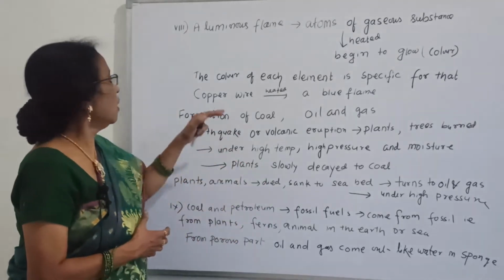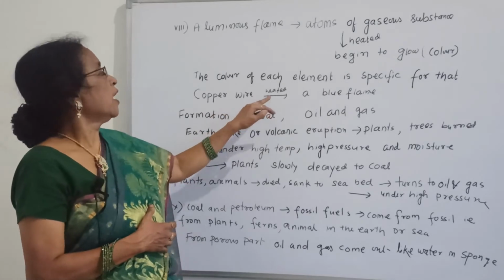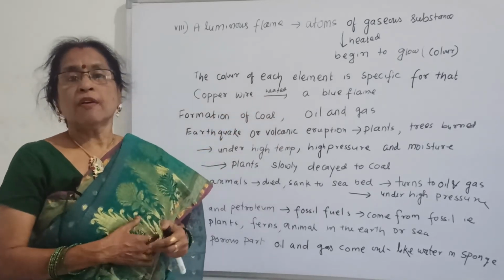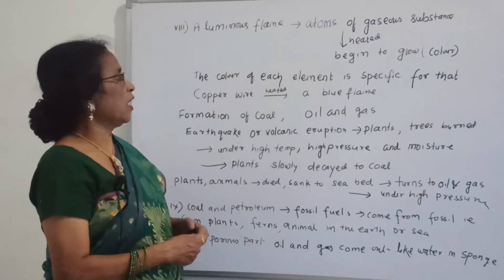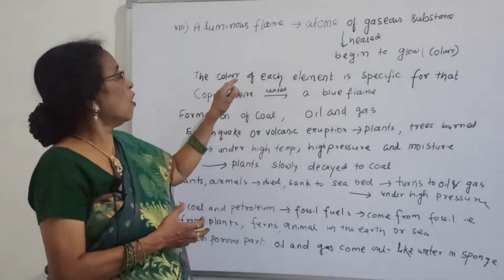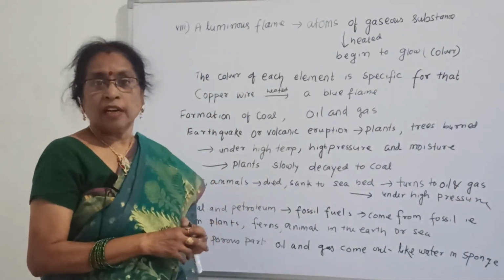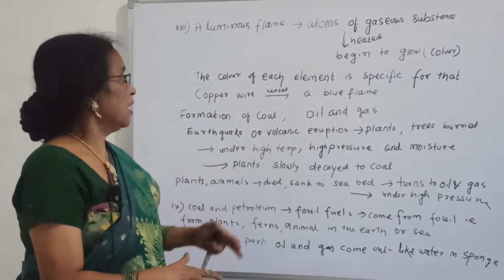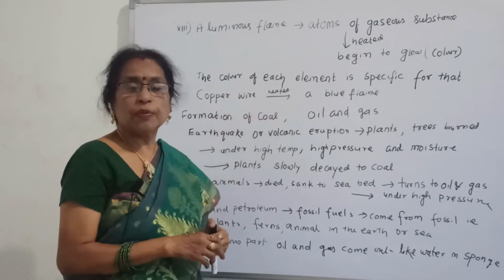For example, when a copper wire is heated strongly in a burning flame, a blue flame is produced. That means the color of each element is specific to that element. Copper gives a blue flame.